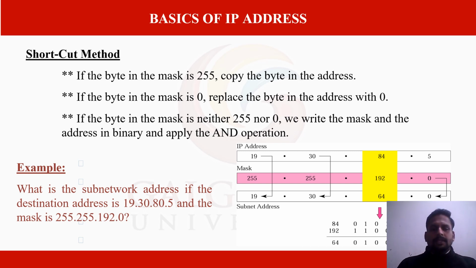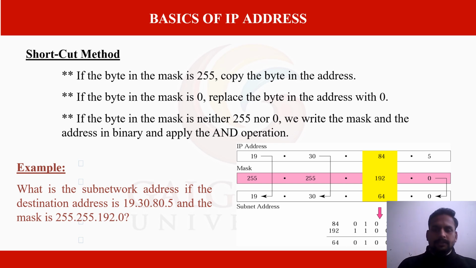Just like the 255 value, if we have zeros, we replace the value with 0, so here also we do not do any changes. Third rule: if the byte in the mask is neither 255 nor 0, we write the mask and the address in binary and apply the AND operation.